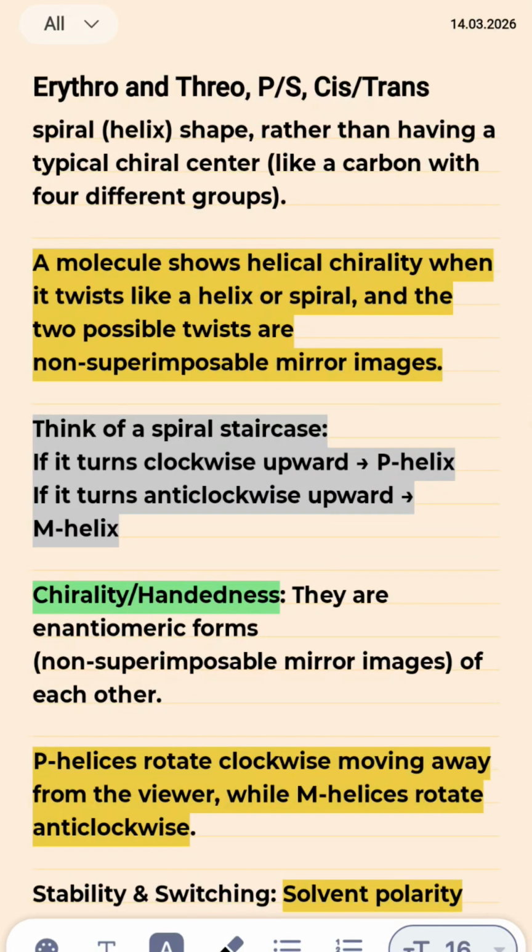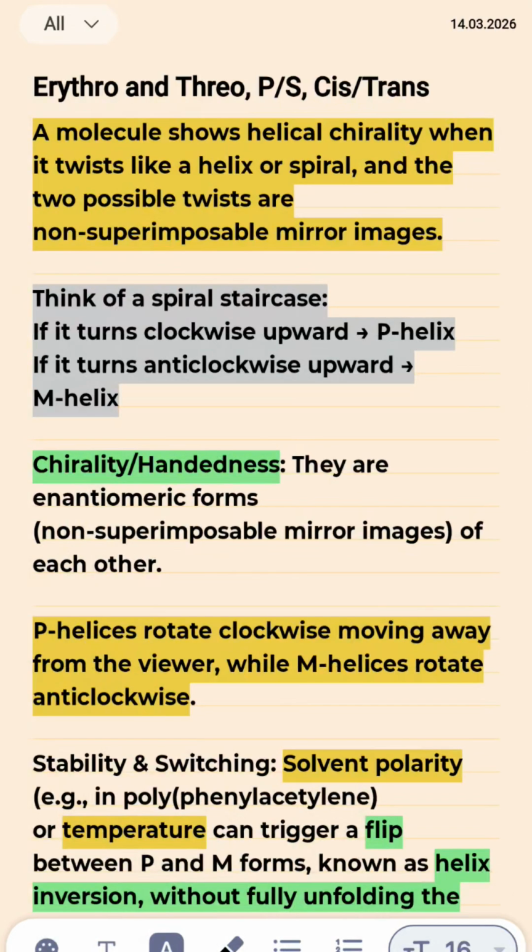A molecule will show helical chirality when it twists like a helix or spiral, and the two possible twists are non-superimposable mirror images. These two possible twists are one P helix and the other M helix. If you think of a spiral staircase, you might have seen spiral staircases.